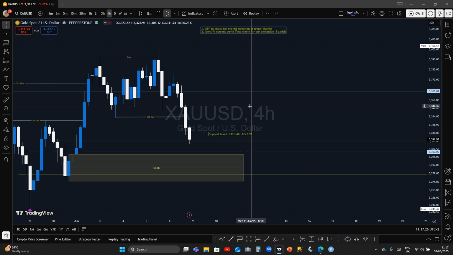The first resistance is 3435.00. First resistance.